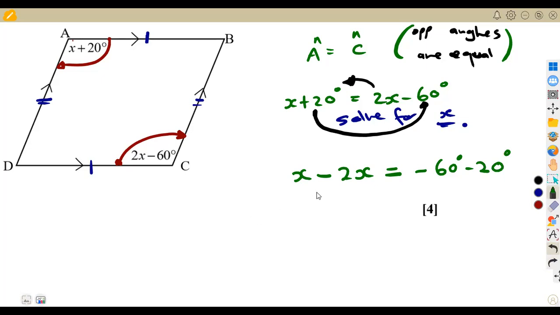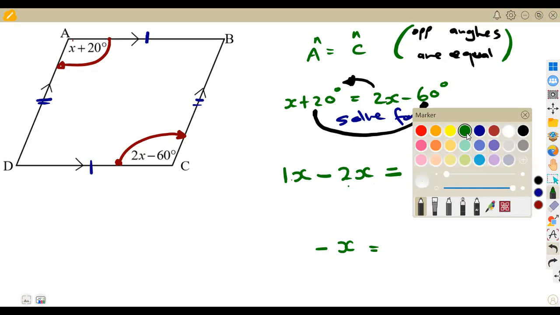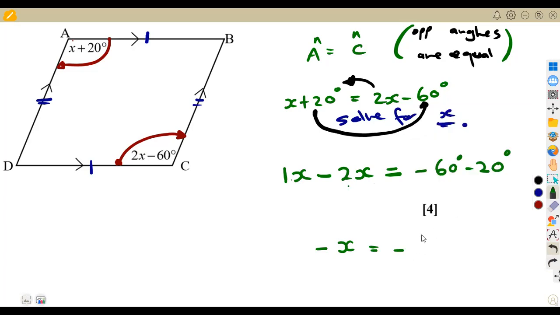So x minus 2x, this is the same as 1 minus 2, which is minus 1x. So it's the same as minus x, right? Minus 60 minus 20, which is actually minus 80 degrees.